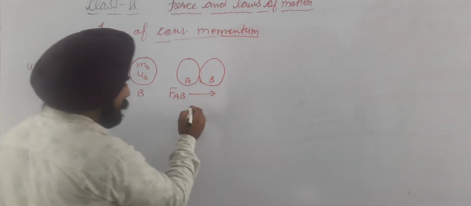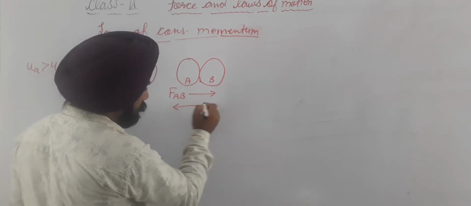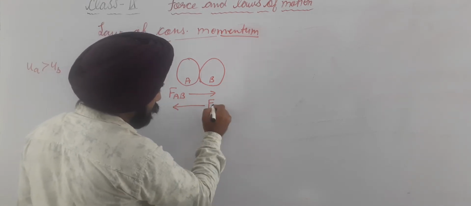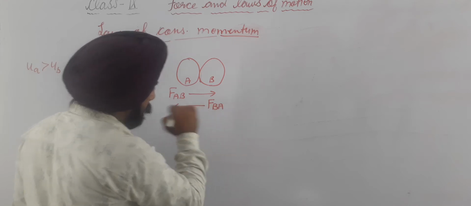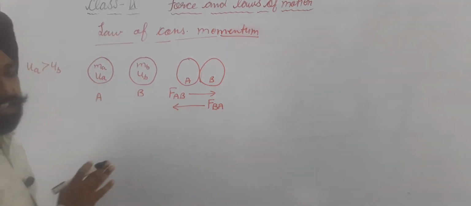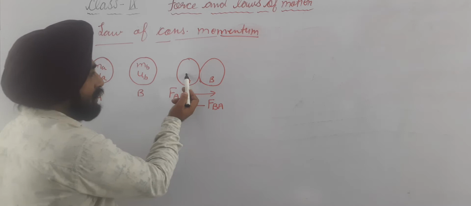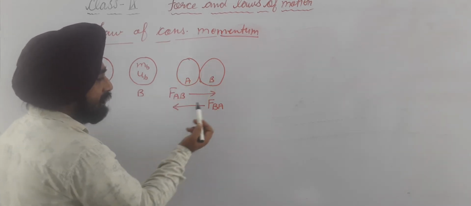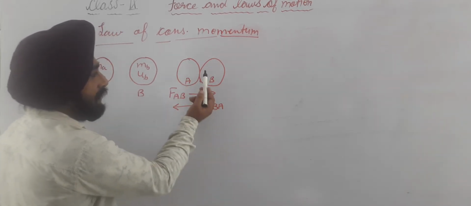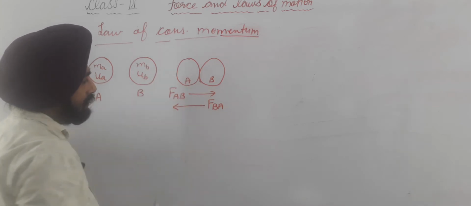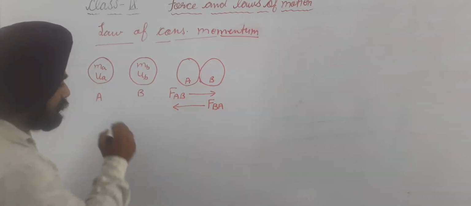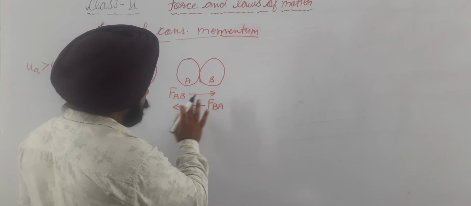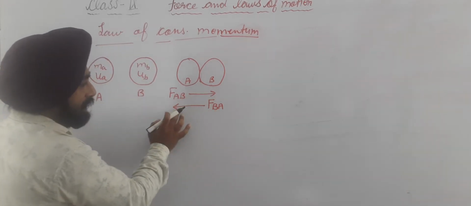So B also applies a force on A, that is FBA. So FAB is the force applied by object A on object B, and FBA is the force applied by object B on object A. Newton's third law says these are equal and opposite in direction.